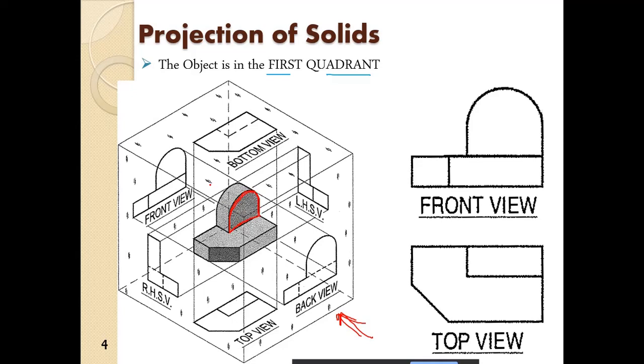So that is what is projected on the vertical plane. Then the other surface that we will see is this one. So this surface will be projected on the vertical plane in this manner.